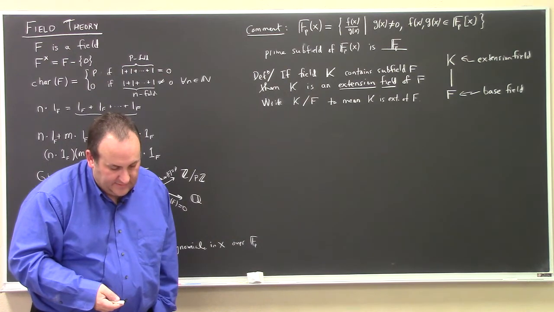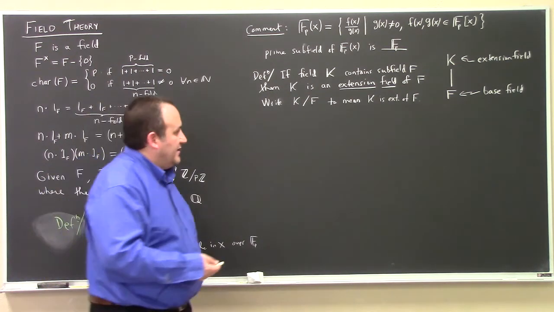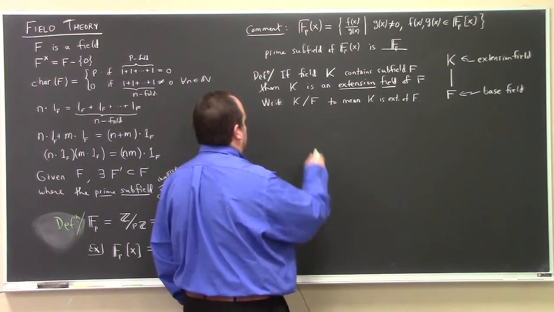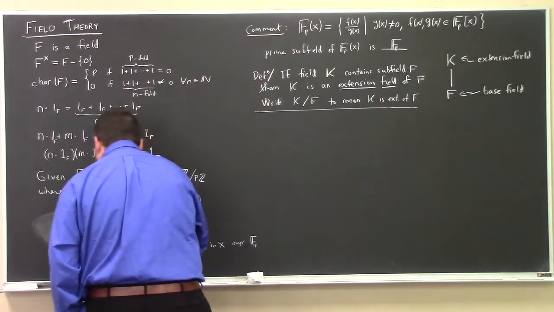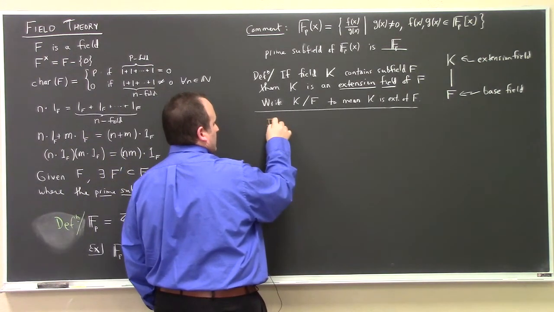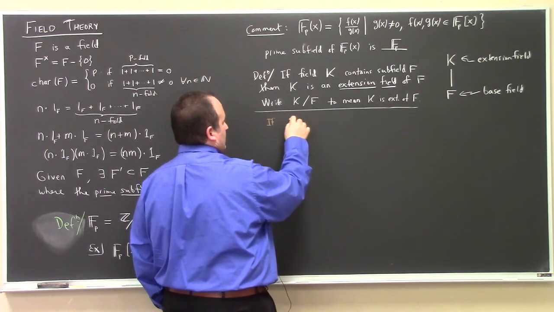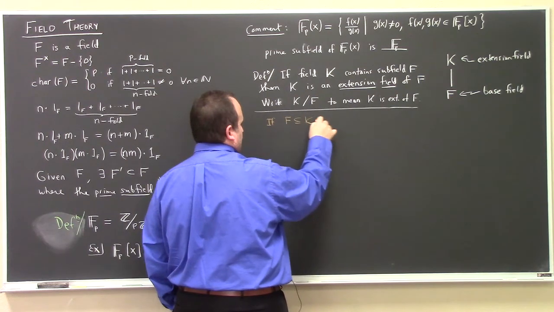All right, and so notice that this makes, if you think about this, let's just stop and smell the roses here for a second. We have F is a subset of K, right?